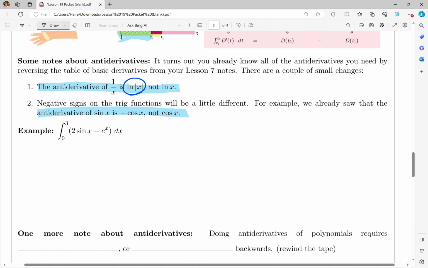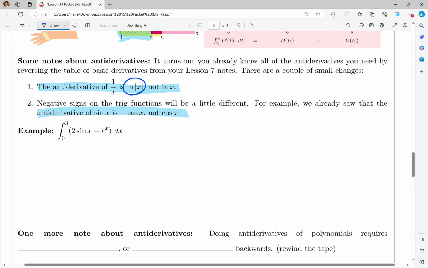Our first example, we have the integral from 0 to 3 of 2 sine of x minus e to the x dx. The first thing I want to do is take the antiderivative of each of these terms, which makes total sense that we can do because we do the same thing with derivatives. Since antiderivatives are just backwards derivatives, we can do anything that we did for derivatives with integrals.